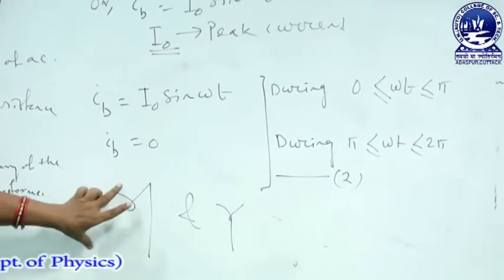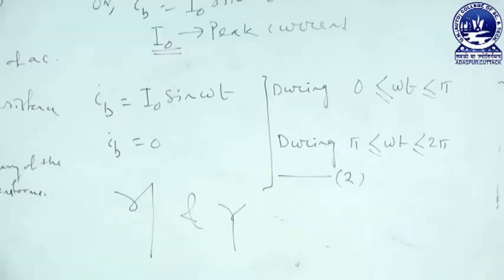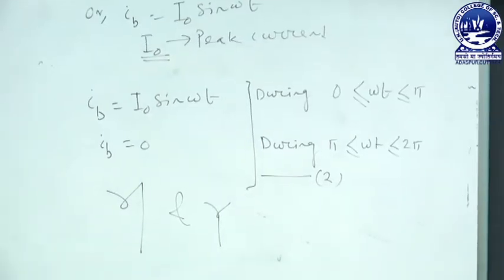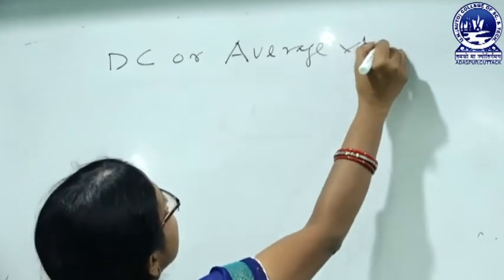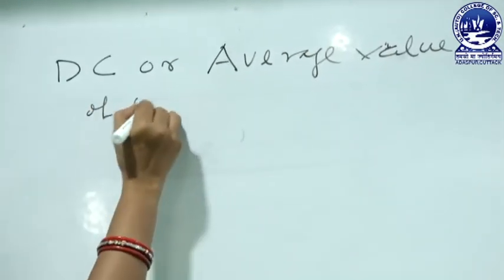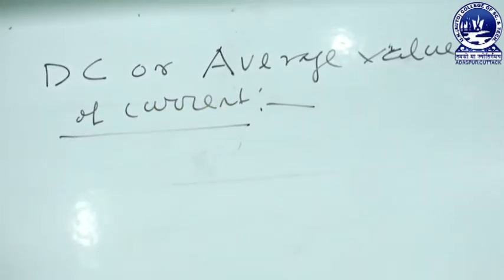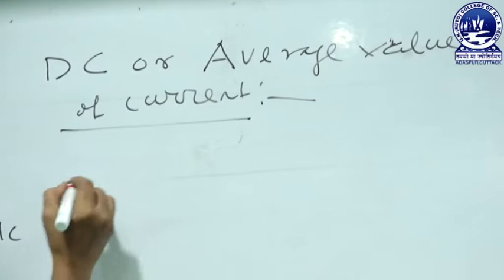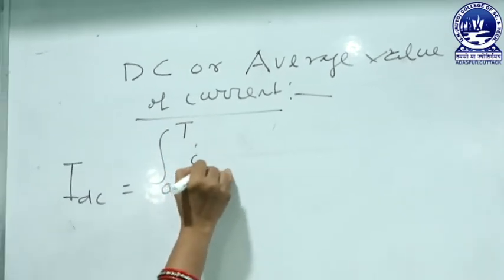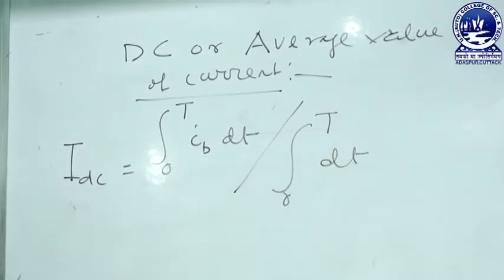How do we find out? For this purpose, we first derive the expression for the DC or average value of the current. The DC or average value of the current is given by IDC equals integration 0 to T of IB dt divided by integration 0 to T of dt.